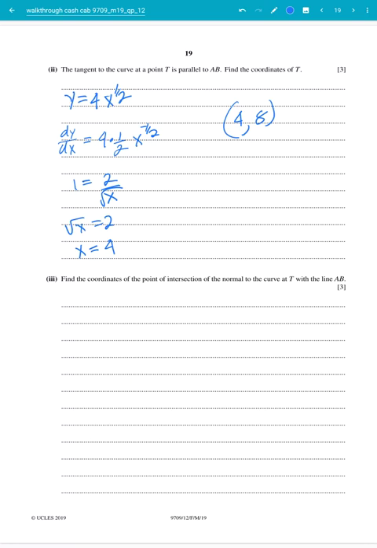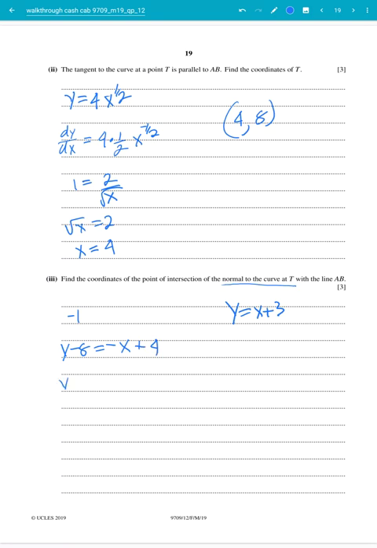And then we're finding the coordinates of the point of intersection of the normal to the curve at T and the line AB. So we know the slope at T is 1. So its normal is negative 1. Line AB is y equals x plus 3. And our point T, so it's y minus 8 equals negative x plus 4.